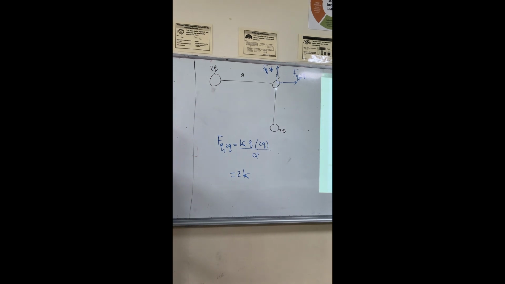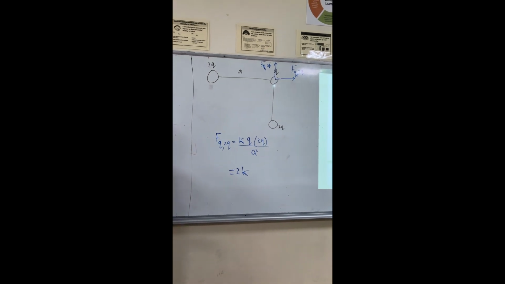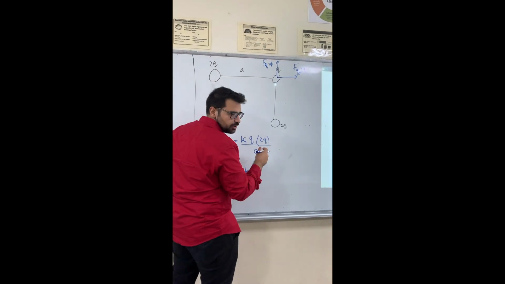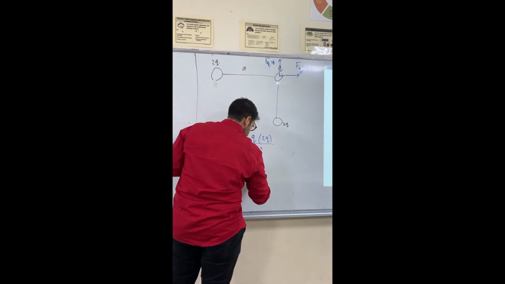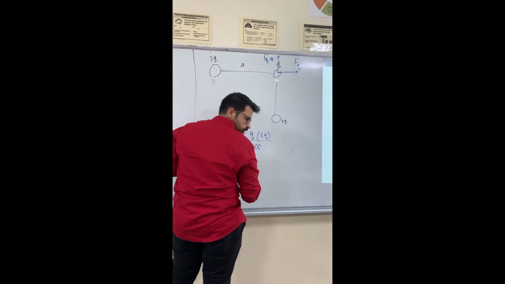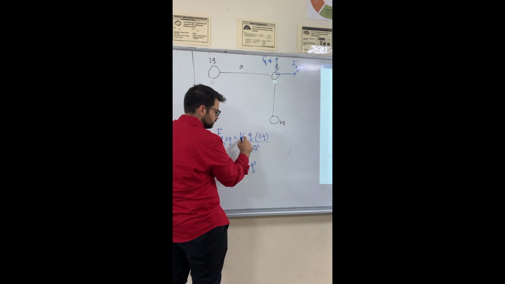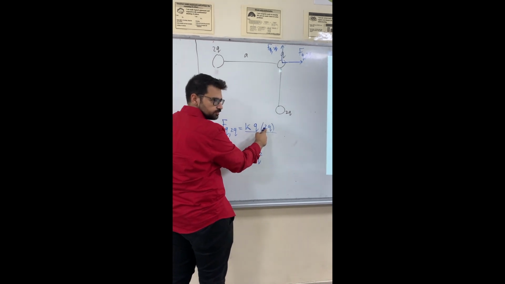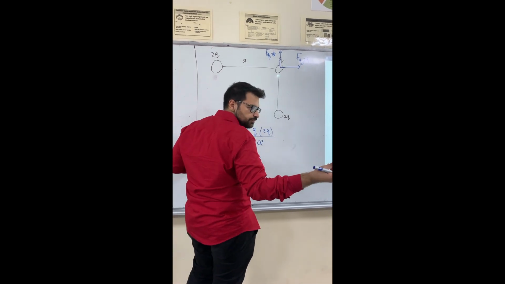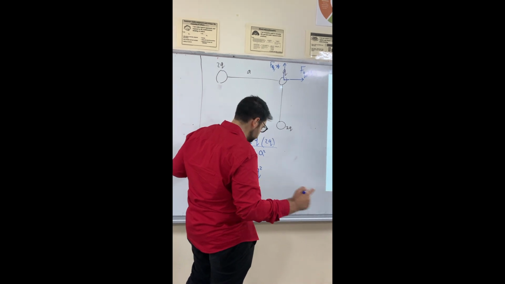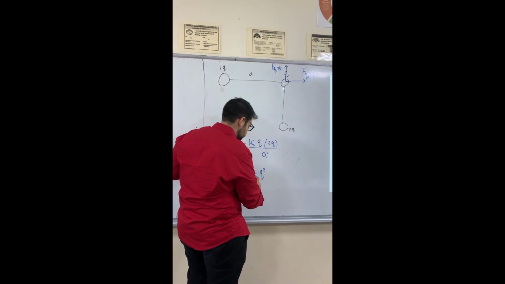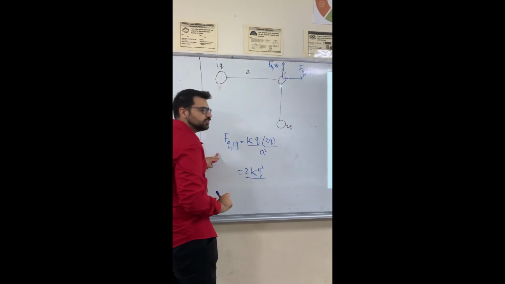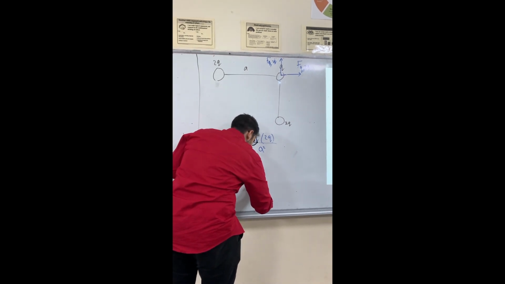Q squared, as if you're multiplying X by X. Q times 2Q is 2Q squared, over the distance between them squared.